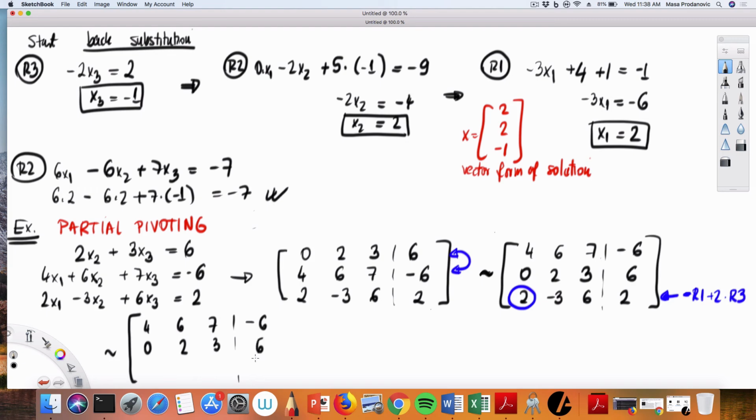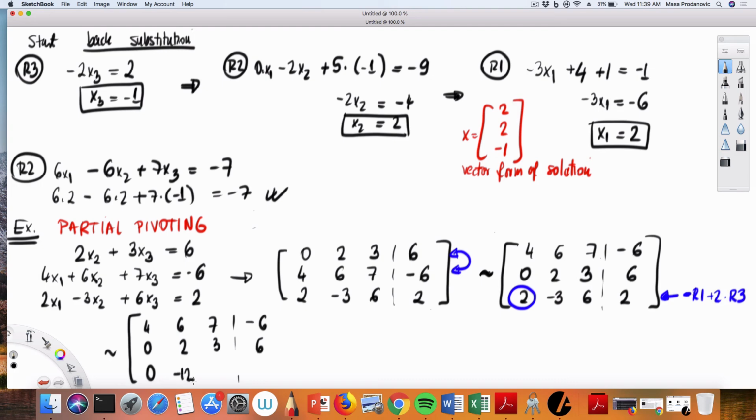So, negative 1 times 4 is minus 4, plus 2 times 2 is 0. That's by design. And then I have negative 6 plus 2 times minus 3. That's negative 6 minus 6.